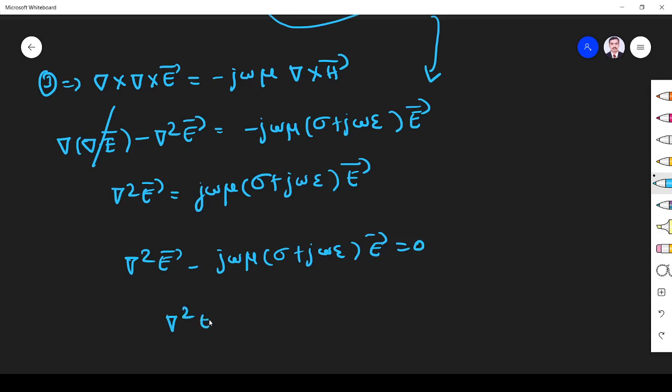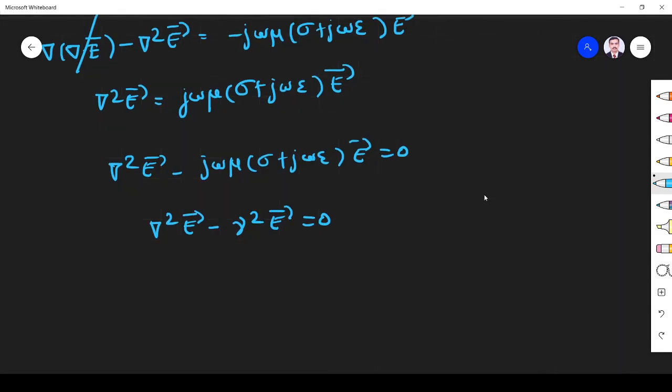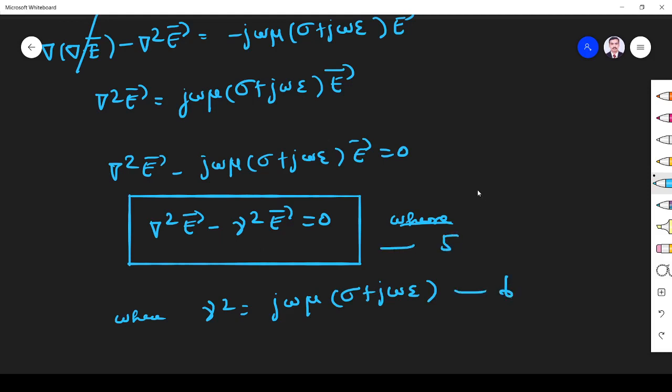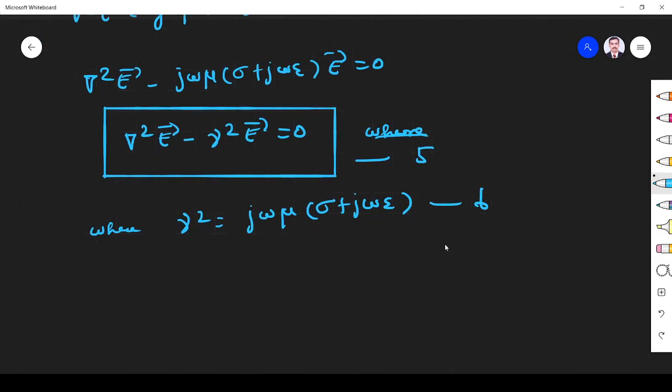I write this equation in the form del squared E minus gamma squared E equals 0, where gamma squared is given by j omega mu times sigma plus j omega epsilon. That is what I take as gamma squared. This is equation number 5, this is equation number 6. So these two equations are very, very important.